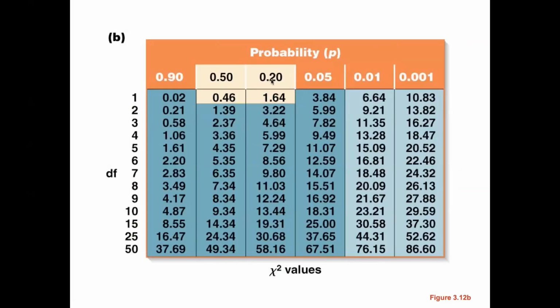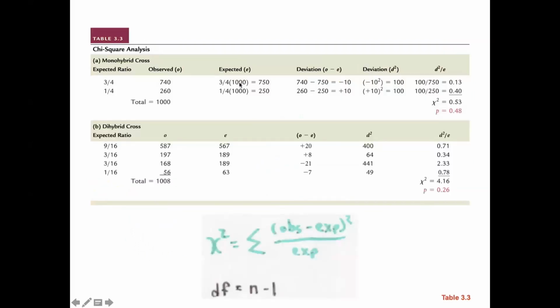Okay, so if I were to repeat the experiment 100 times, anywhere between 20 to 50 of those experiments would exhibit this much deviation or more between the observed and the expected values due to random chance alone. Because that probability value is so high, you would fail to reject your null hypothesis, and you would then conclude that the data supports the model that you've proposed.